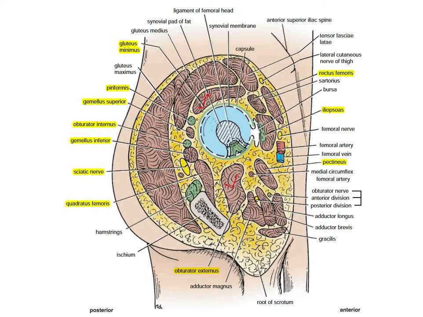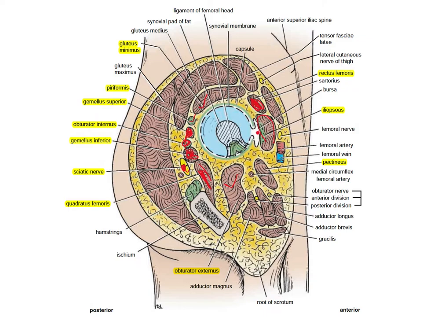Look inferiorly, we have the obturator externus, and what we have superiorly directly is the gluteus minimus and piriformis. Posteriorly, you have the obturator internus located between the superior gemellus and inferior gemellus, and you have the sciatic nerve as well, and the quadratus femoris. Anteriorly, of course, you have the rectus femoris and the iliopsoas.